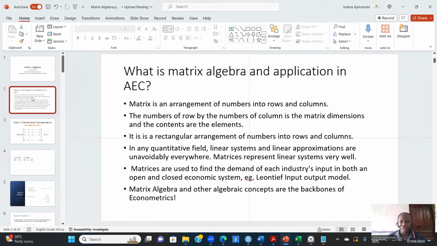In terms of its application, matrix is applicable in any quantitative field. It's particularly useful in solving systems of linear equations and linear approximations. And this is unavoidable everywhere. In solving the use of demand for industries, it has found application in input-output models.